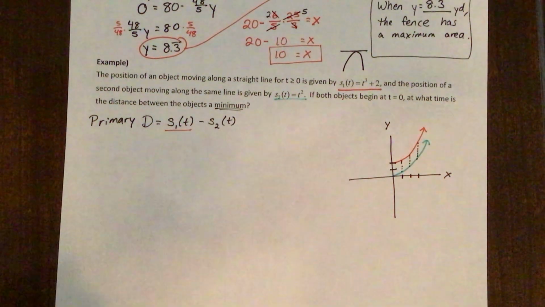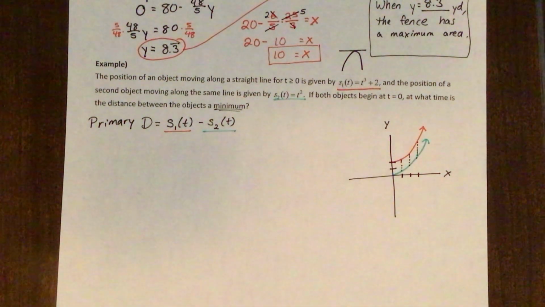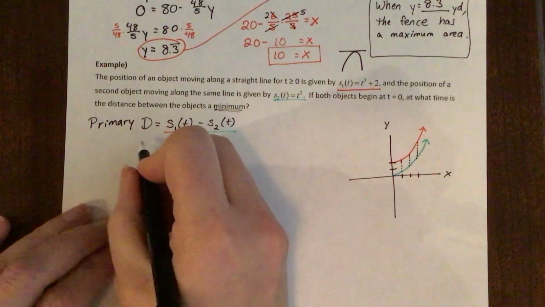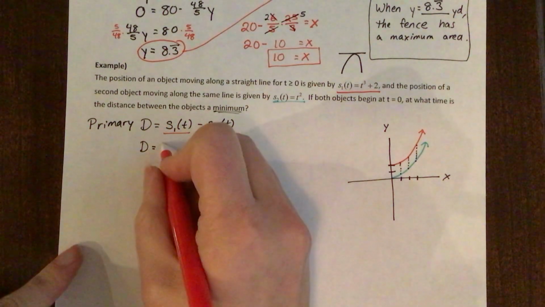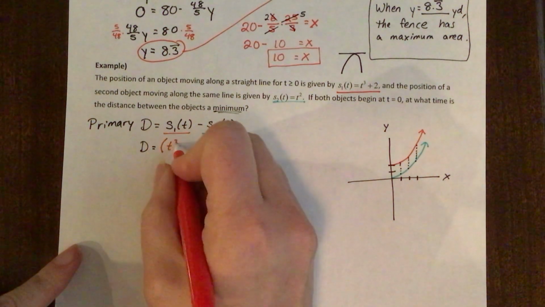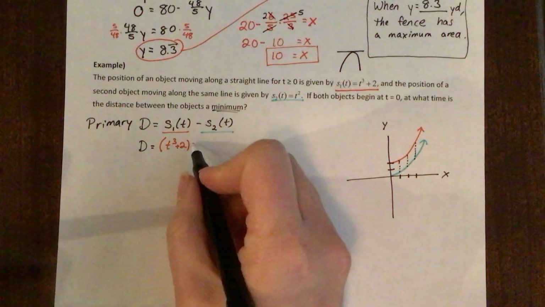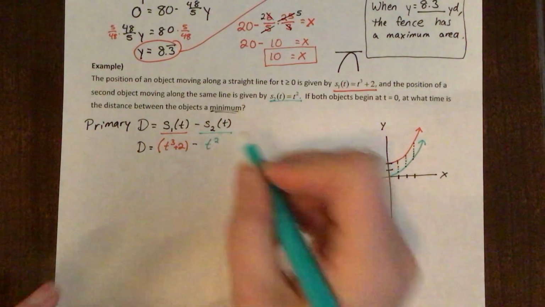That one's red and this one was blue. Okay, find the distance between those. Well, we can do a little bit of substitution. We know that S1 of t is t cubed plus 2, minus, and we know that S2 of t is just t squared.